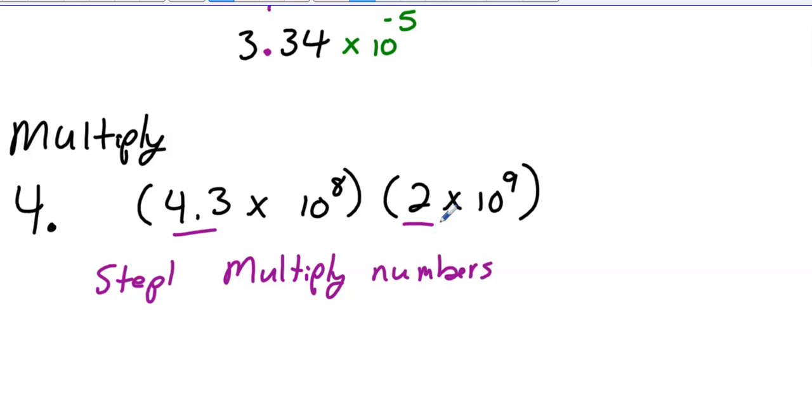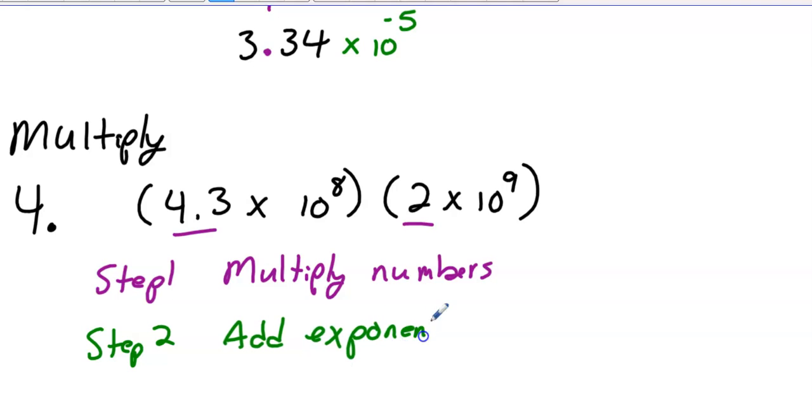We're going to take the numbers that we have, the 4.3 and the 2, and just multiply those two things together. Second thing you'll do is, if this is 10 to the 8th and 10 to the 9th, you're going to add the exponents. That's on the powers of 10.